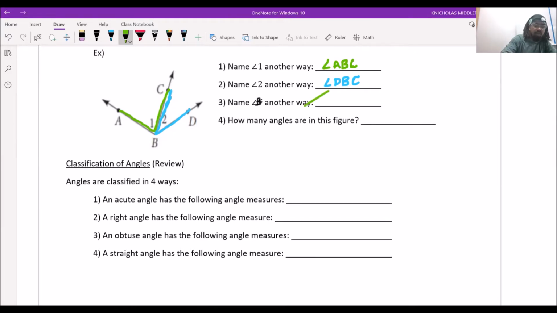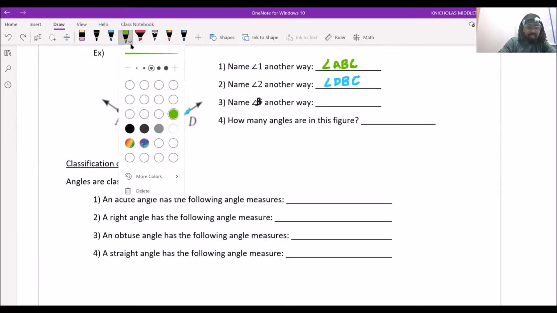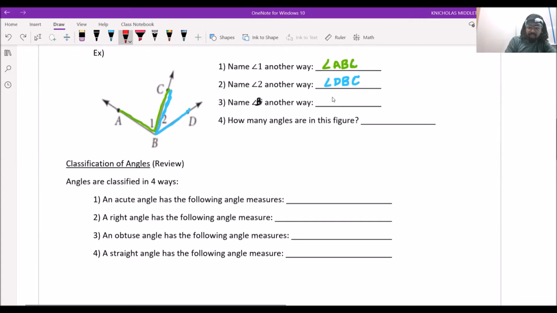And so when we name these angles, especially the ones that have the same vertex, we're not going to want to continue to use the same way. The whole point of names is to be able to distinguish between one thing and the next. And so we're not going to want to use a name that we can't tell the difference between, right?